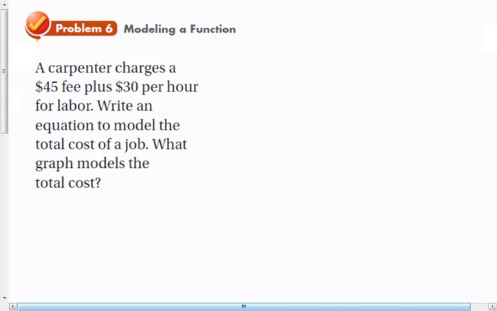Okay, modeling a function. A carpenter charges a $45 fee plus $30 per hour for labor. Write an equation to model the total cost of a job. What graph models this total cost? All right, so we got to make a graph too, but let's start here. It says he charges $45, so the cost to hire this person is equal to $30 times the number of hours plus $45 fee.